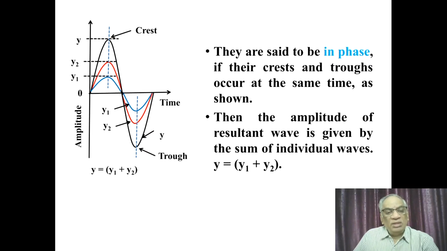In such cases, these waves are said to be in phase. Then the amplitude of the resultant wave is given by the sum of the individual waves. Thus, y bar is equal to y1 bar plus y2 bar. The resultant wave is also shown in the slide.